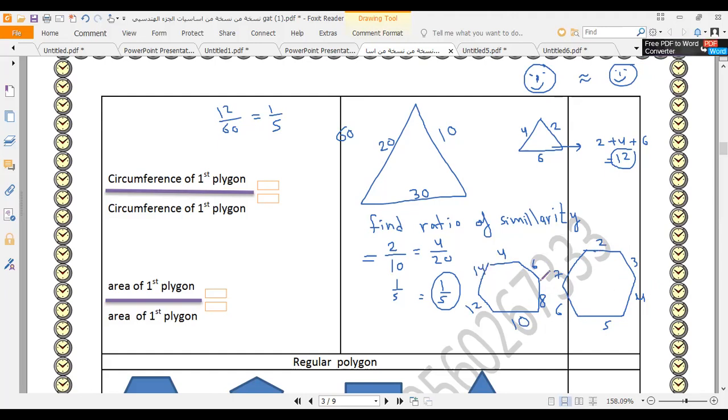This means they are not identical, but they are similar. If you compare this side measured by 3 and this one 6, and this is 4, but here it will be 8. This means the ratio of similarity between them will be 3 over 6, or 4 over 8, so always it will be 1 over 2. It will be a half.